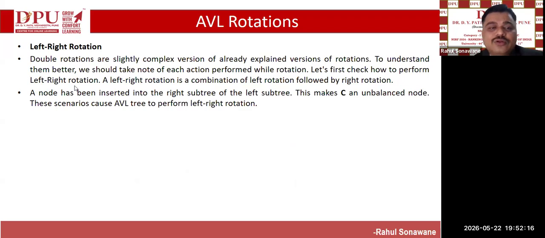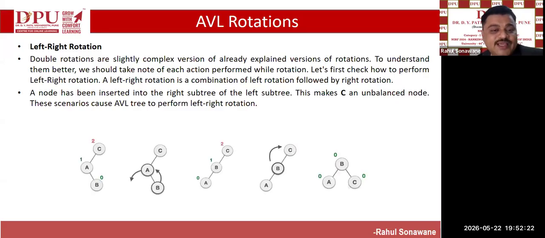This is the double rotation, that is, two types of rotations we have to perform. So here let's take the example. Suppose you are getting such a pattern: first C comes, so the tree is balanced, then A comes, the tree is still balanced. Now B comes, so B is less than C but greater than A, therefore B will be inserted in the right of A. Now who is A?